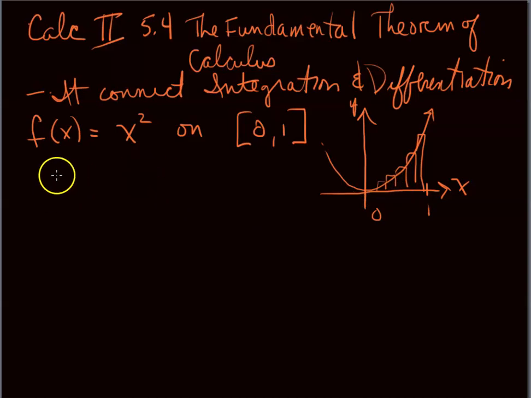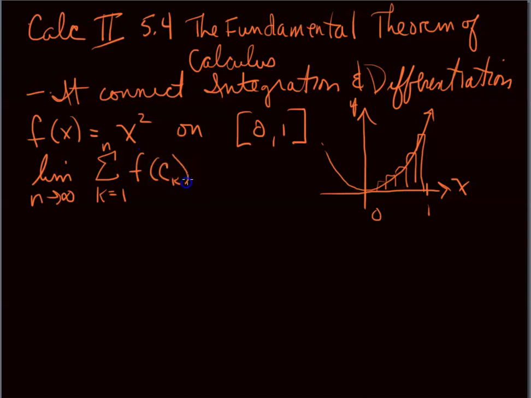We want the limit of the Riemann sum, so it's the limit as n goes to infinity. This will make the partition go to 0, of the sum k going from 1 to n of the function at c sub k.